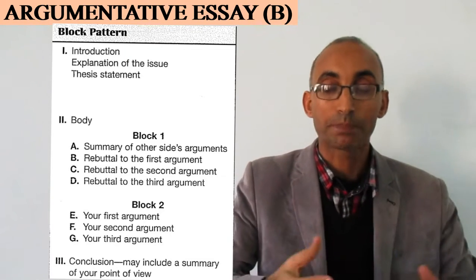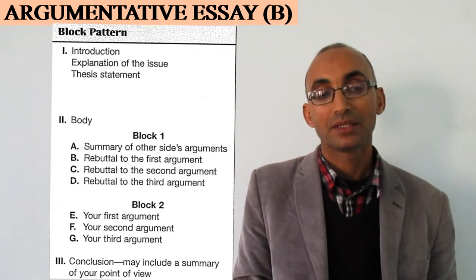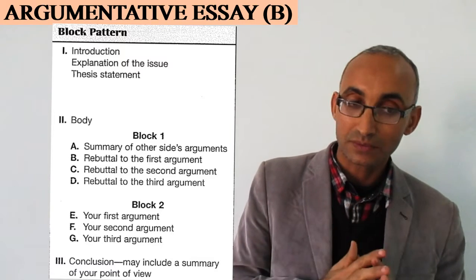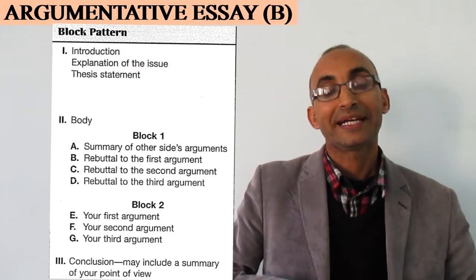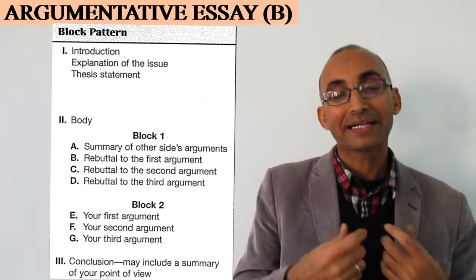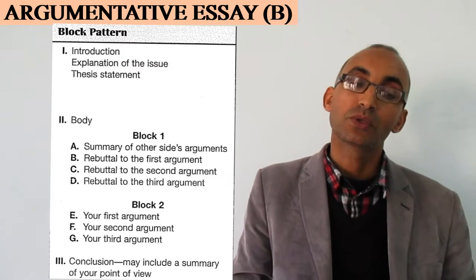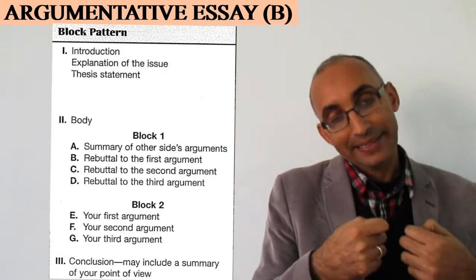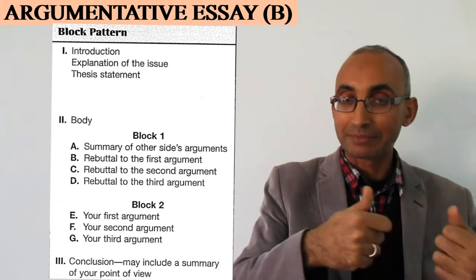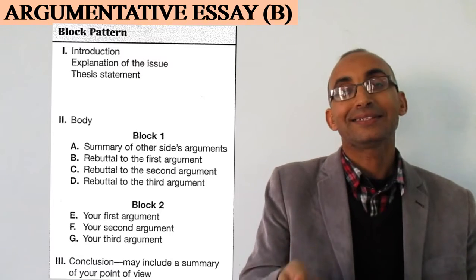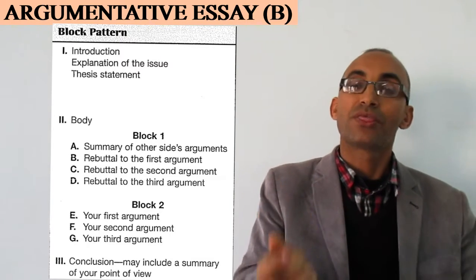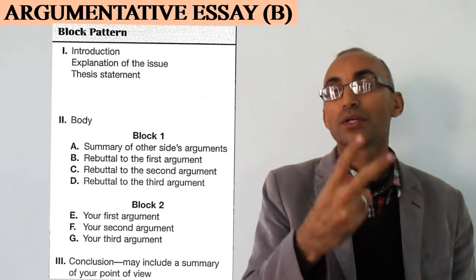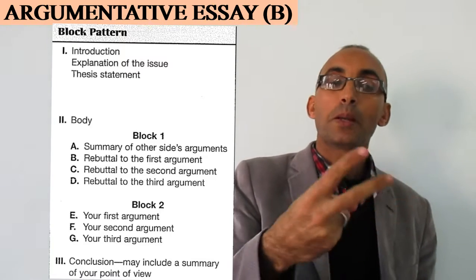Second block, or second paragraph in the body, I devote totally to explaining and backing up my point of view using my arguments now. Here I expose the first argument, explain it, the second argument, explain it, and the third argument, explain it. Like this we have 2 blocks and 2 body paragraphs.